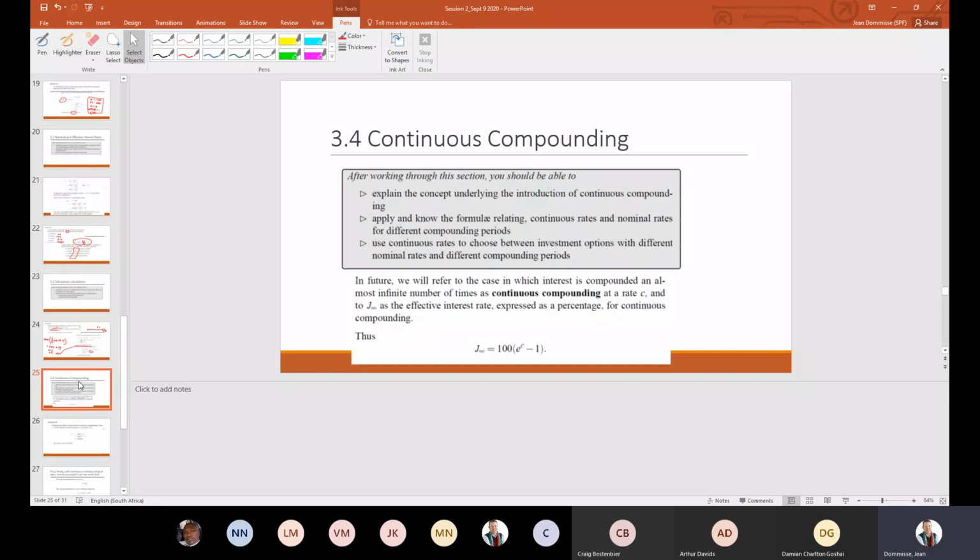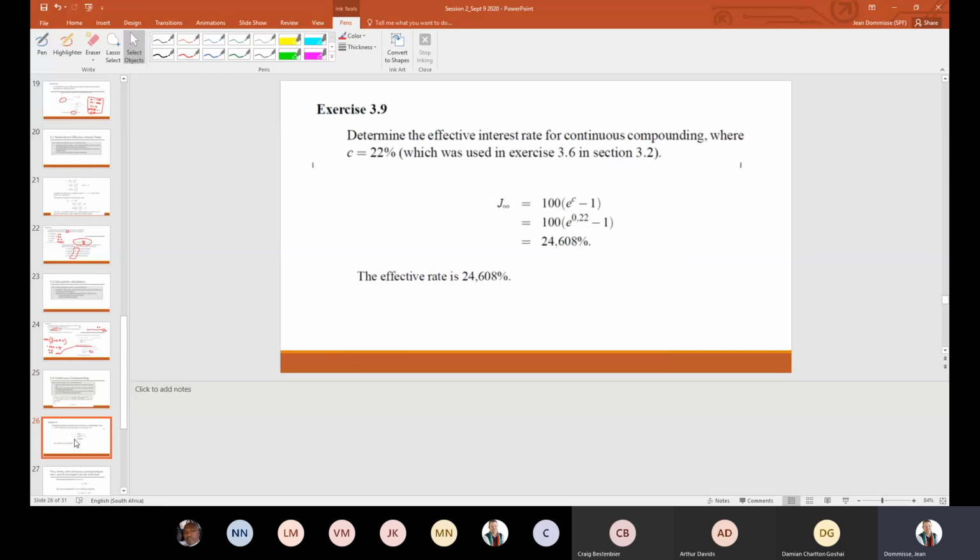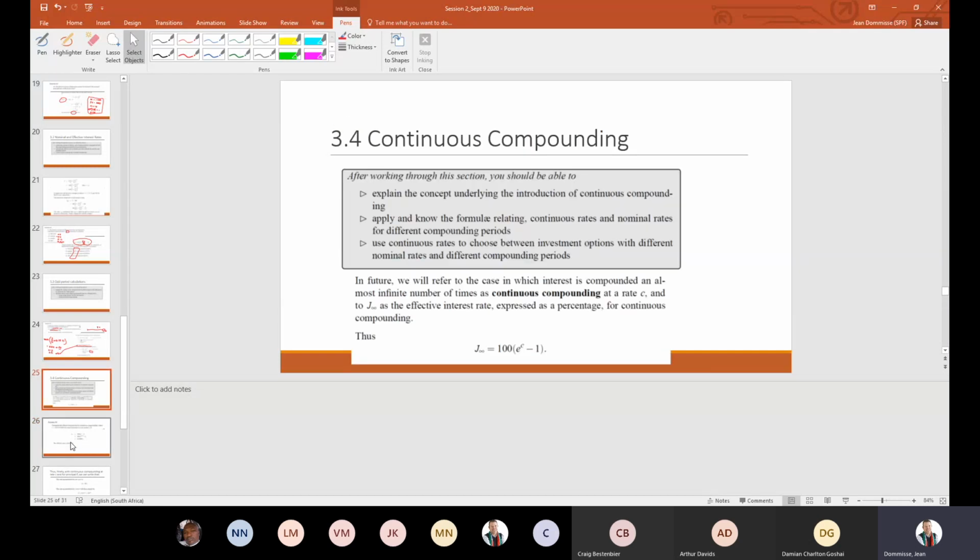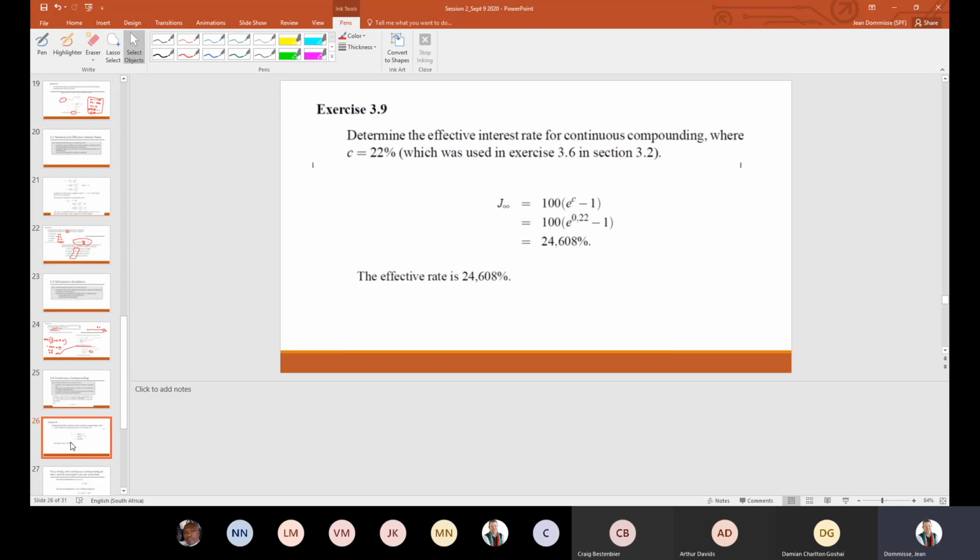The previous one was fractional compounding, and you need to remember which one is which and which one to use when. The continuous compounding was nearly like the nominal and effective interest rate.